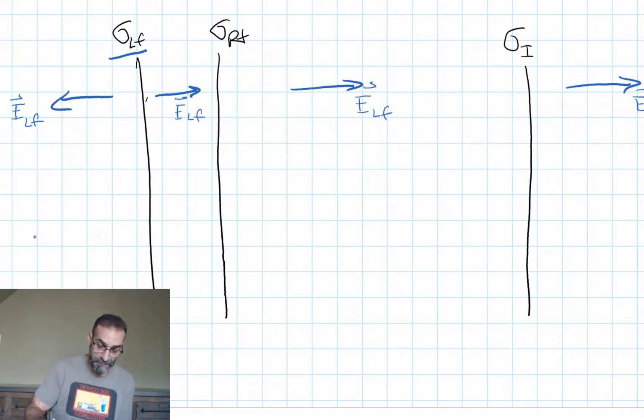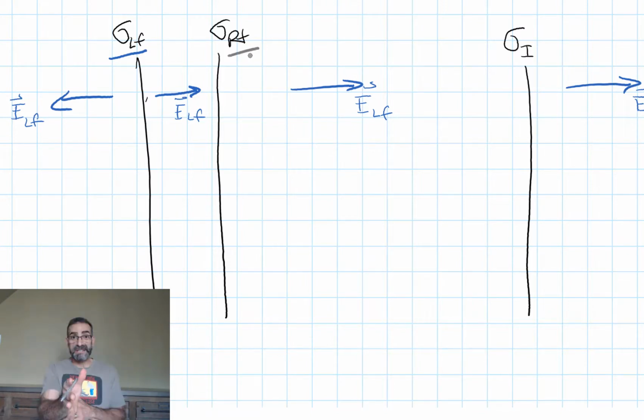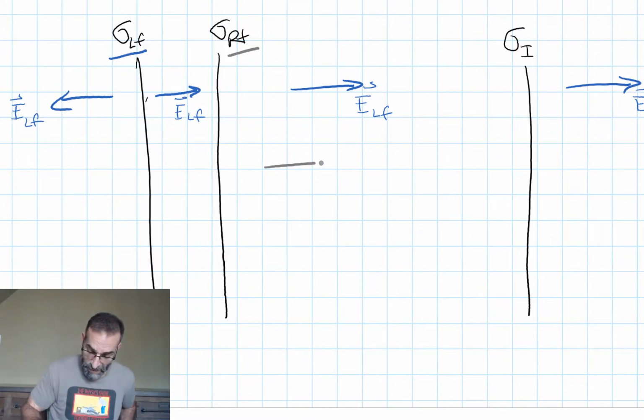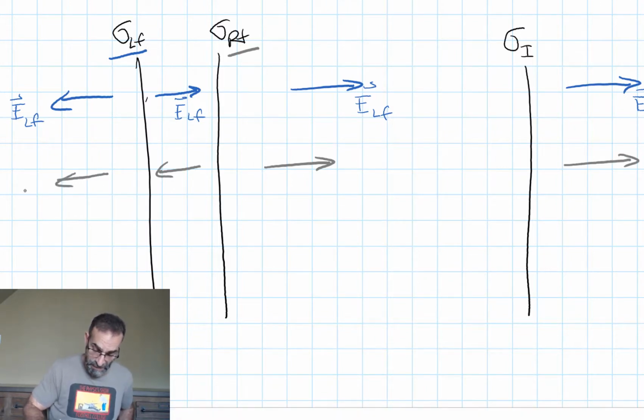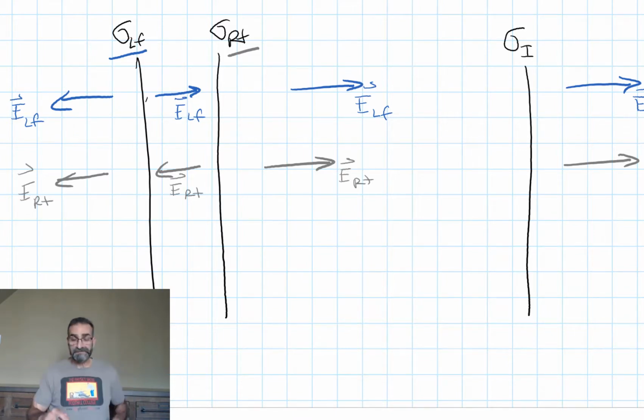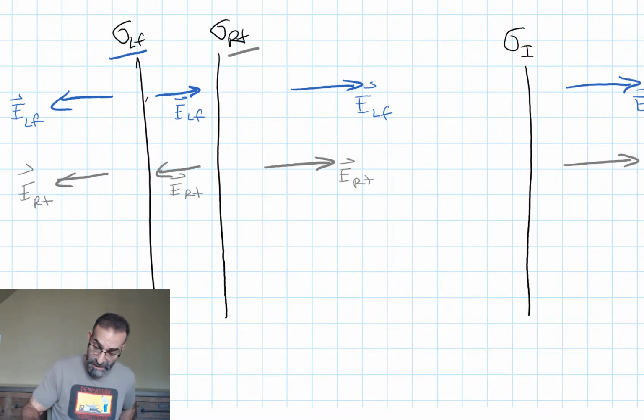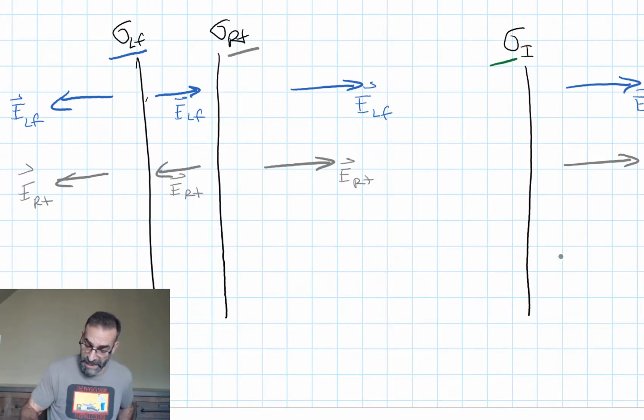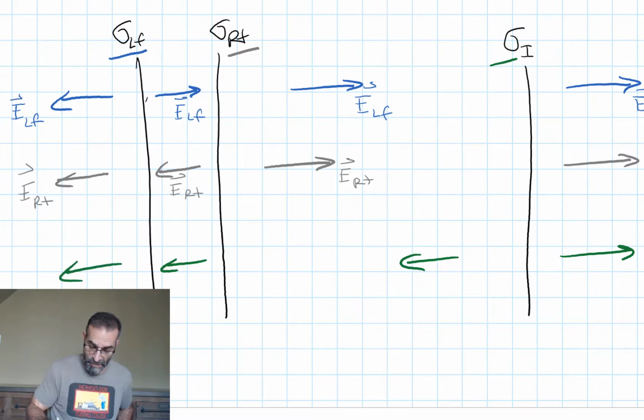Now the right one, let's use gray for the right side. If that was a positively charged sheet, it would send electric field out from it, and that electric field would keep going. So this would be E right. And our insulating sheet, I'll use green for my insulator, will send electric field out in both directions.